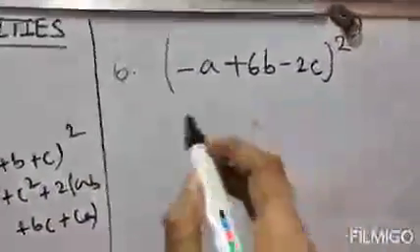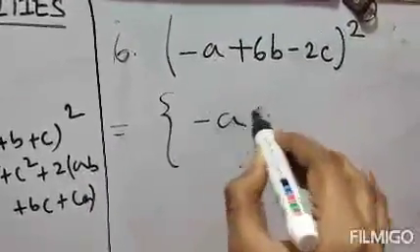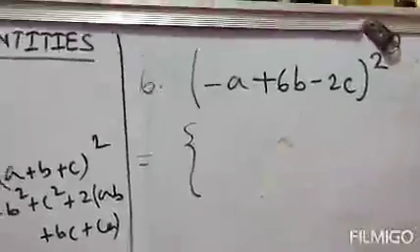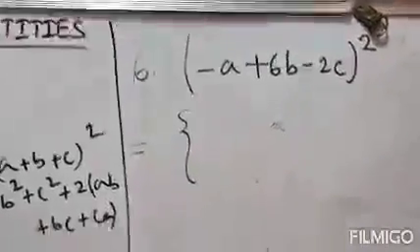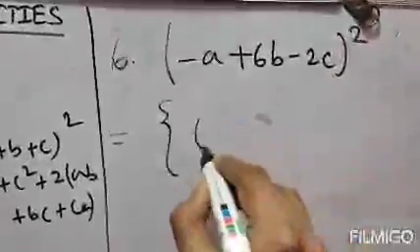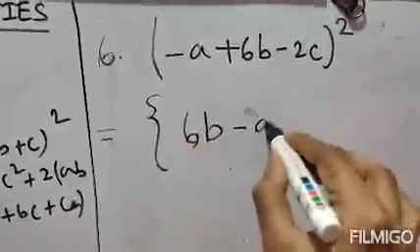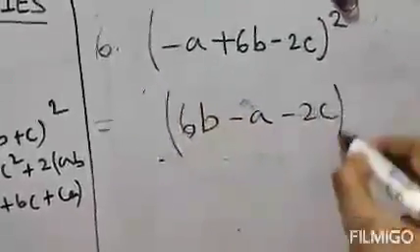So just arrange, therefore minus a, just arrange as per the formula. There is 6b, take 6b first, minus a minus 2c, this is whole square. Clear?